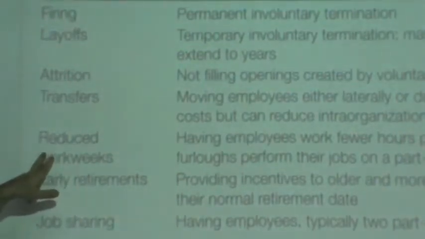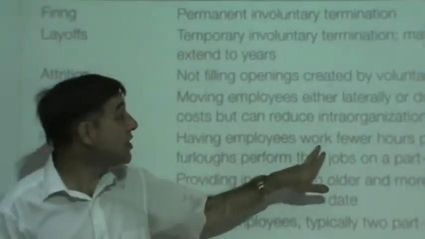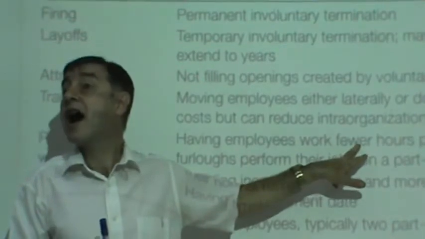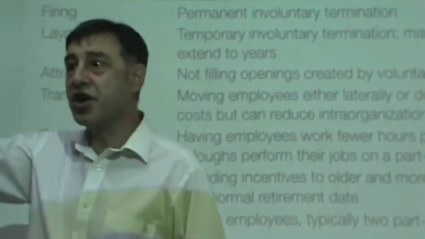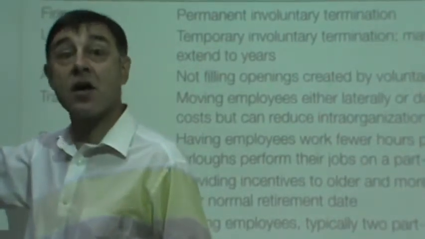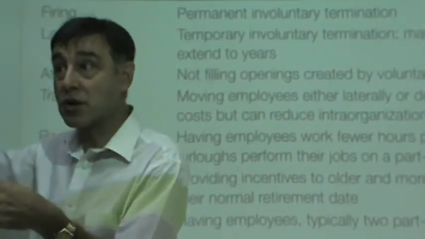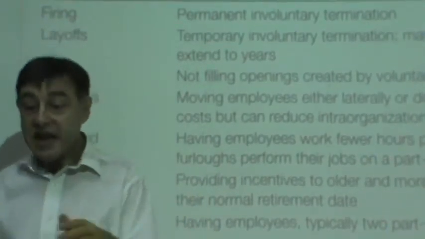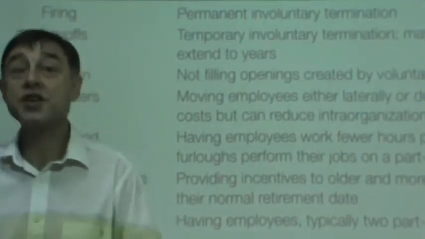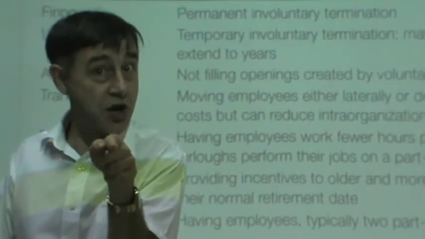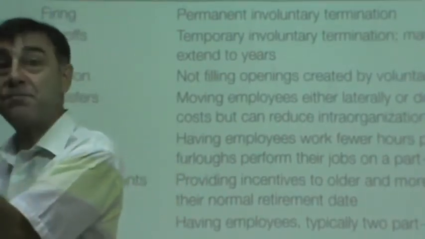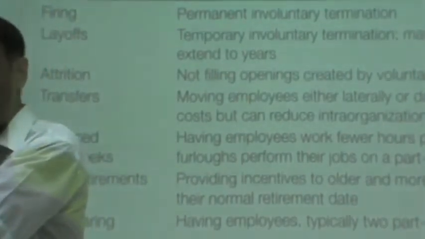You also have reduction. Having employees work fewer hours per week. So, a reduction here in Patong with the massage parlor would be the following. Instead of working 12 hours, you work a 12 o'clock to 6 o'clock shift, and you work from 6 p.m. till 12 o'clock, okay?